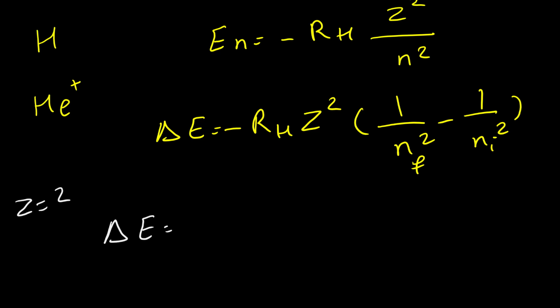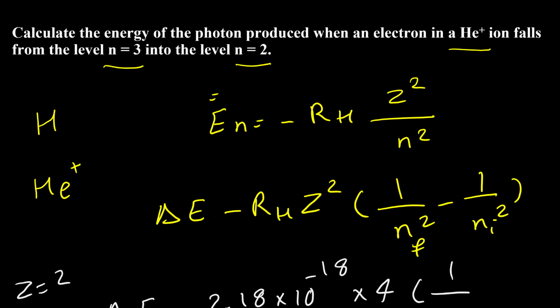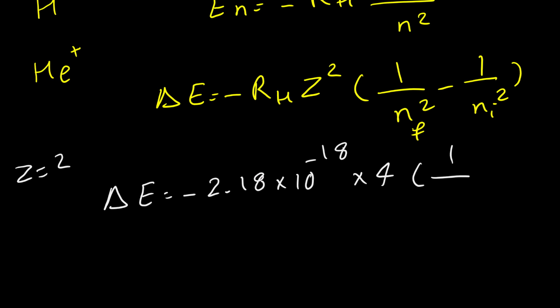So delta E is equal to the Rydberg constant, which is 2.18 times 10 to the negative 18. Z squared is 2 squared, which is 4. And our final level, regarding the equation, is 2 squared, and initial level is 3, so 3 squared.